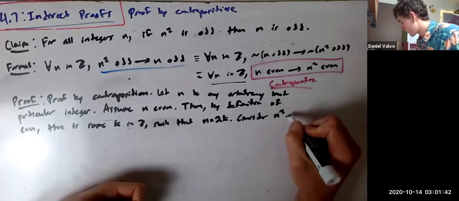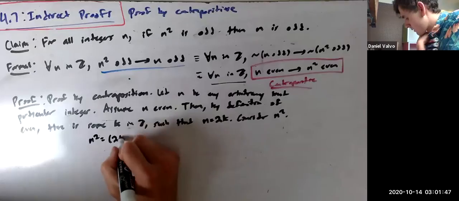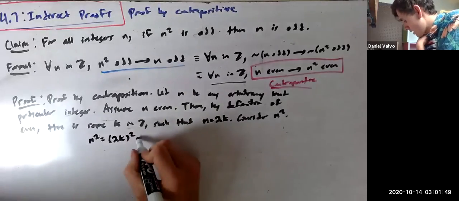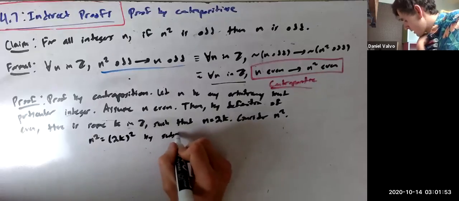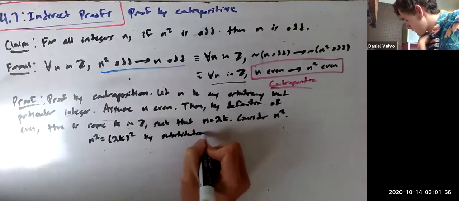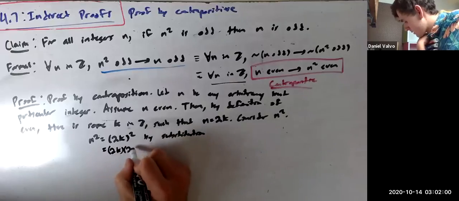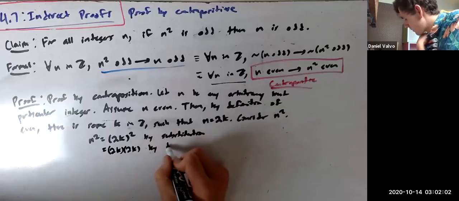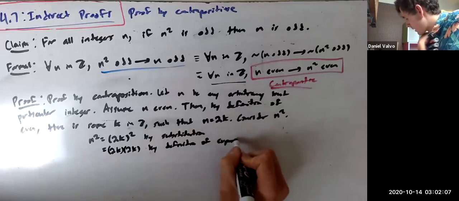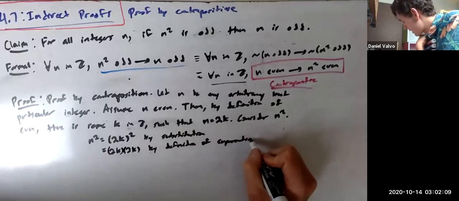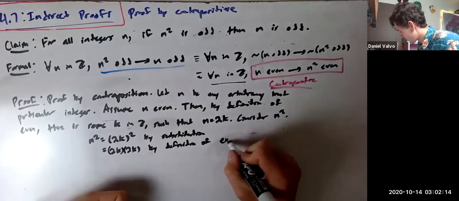Now let's consider n squared. n squared equals (2k) squared by substitution, which equals 2k times 2k by definition of exponentiation. We can actually put letters there.